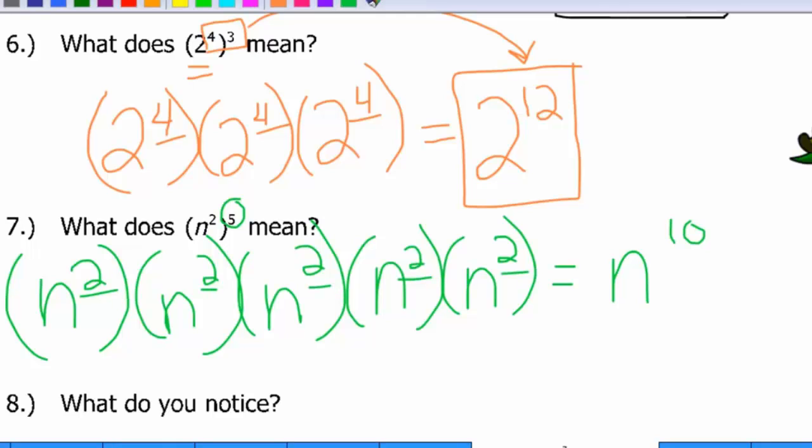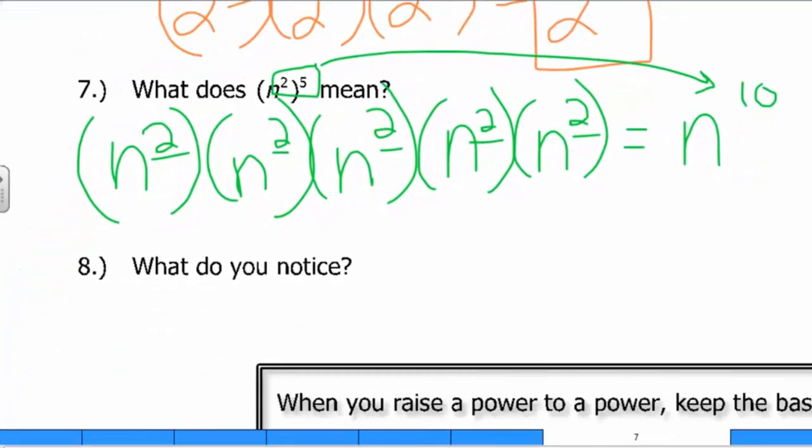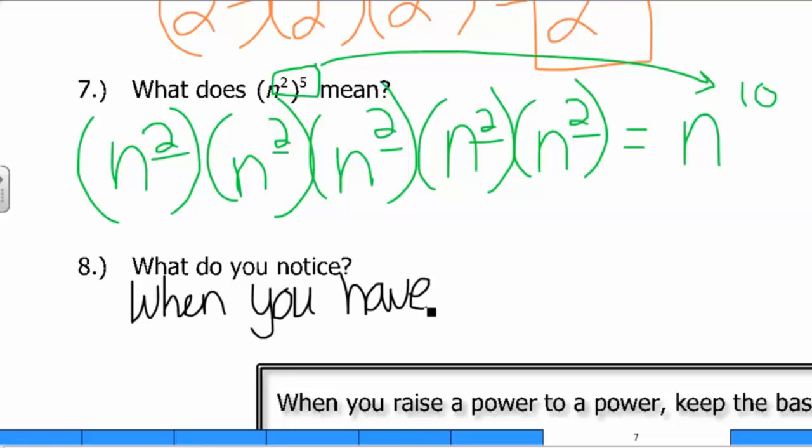Did the shortcut that you thought we should have work? What could you do with the 2 and the 5 right here to get this 10 right here? Hopefully you notice that whenever you have a power raised to a power, and I'll explain to you what that means in a second.